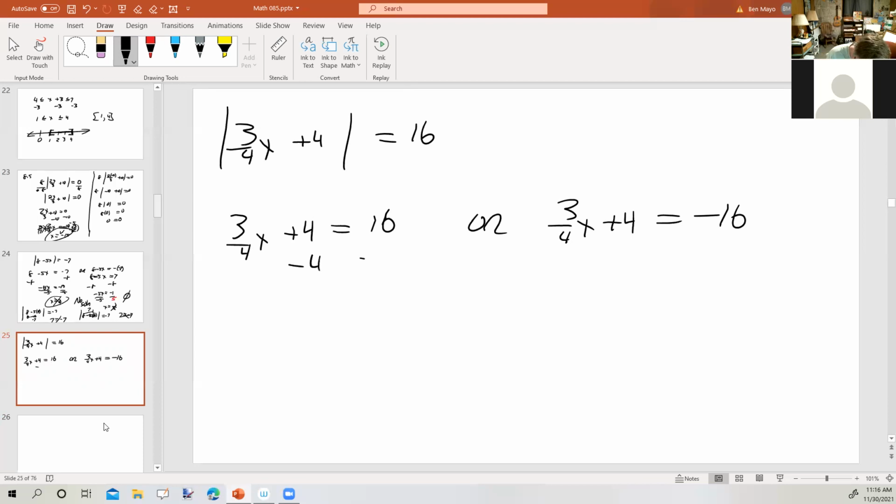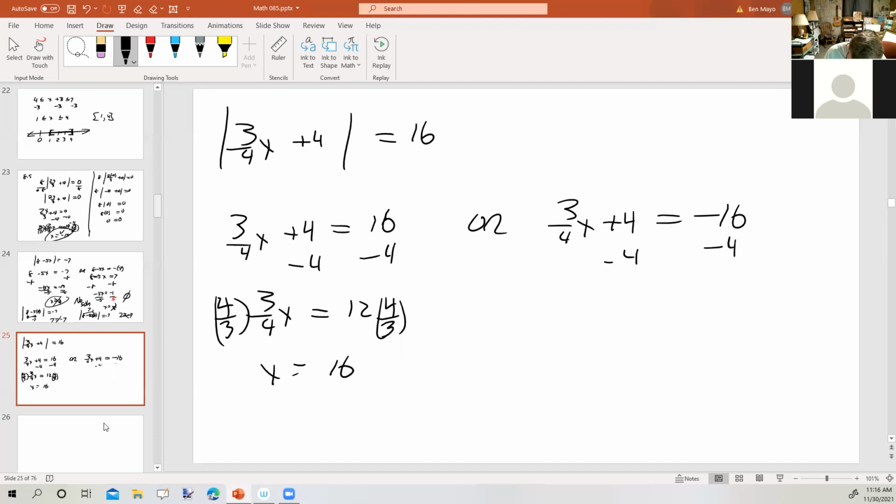Let's do that. Subtract 4, 3/4 x equals 12, multiply by 4/3, x equals 16. Here, subtract 4, 3/4 x equals -20, multiply by 4/3, x equals -80/3. Okay. Let's check those answers.